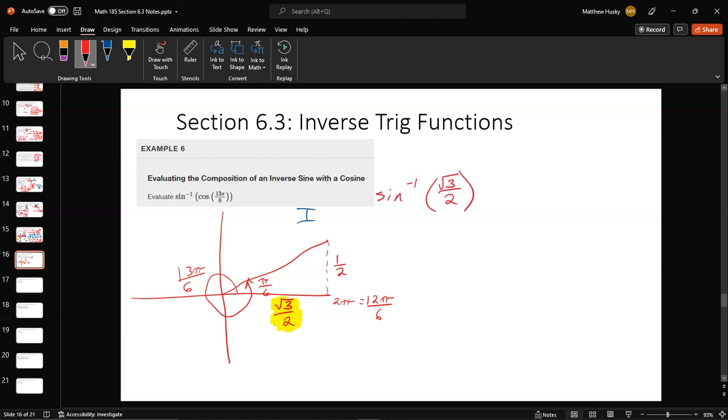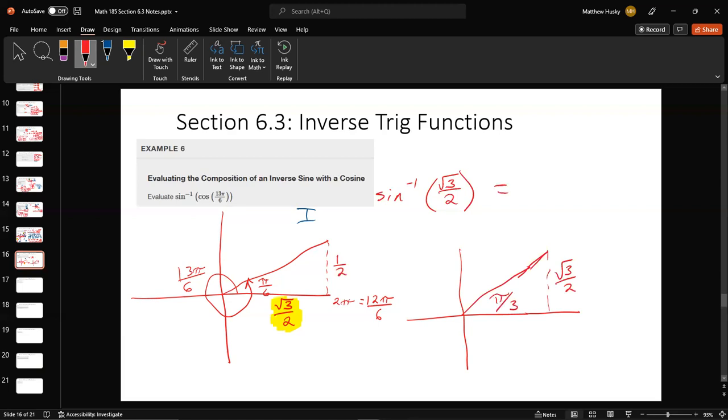So then what I need to do is figure out what is the sine inverse of root 3 over 2. Well, if I want a sine value of root 3 over 2, I want root 3 over 2 right here, which means I need a 60-degree angle, also known as pi over 3.